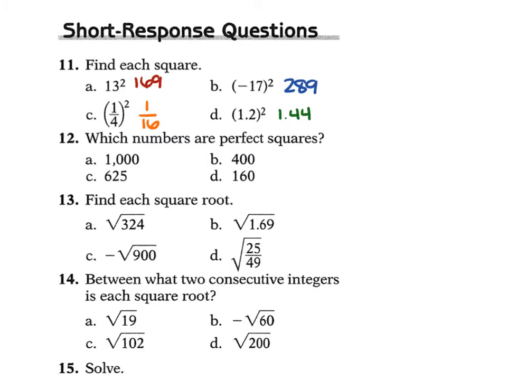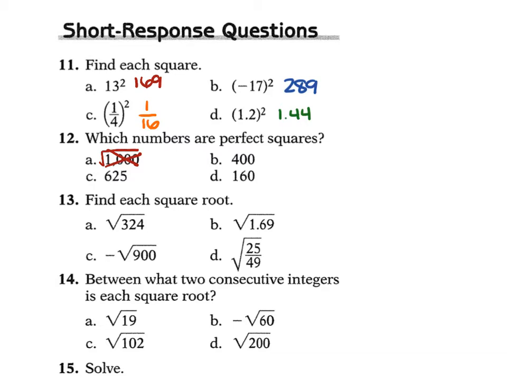12 says, which numbers are perfect squares? So A, can you take the square root of 1,000? No, you cannot. So this one is no. For C, you have this 625, so can you take the square root of 625?